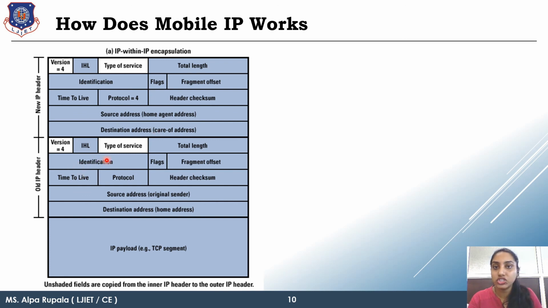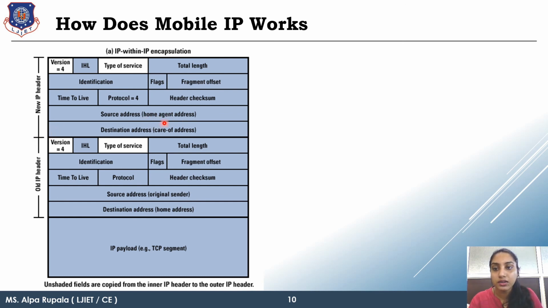Then identification, a unique identifier number, total length of your packet, then type of service, obviously QoS services, then IP header length, which is the length of the header of your packet, and the version is IPv4, so that's why it is version 4. So this header has another header's information, and that header has the source and destination address.